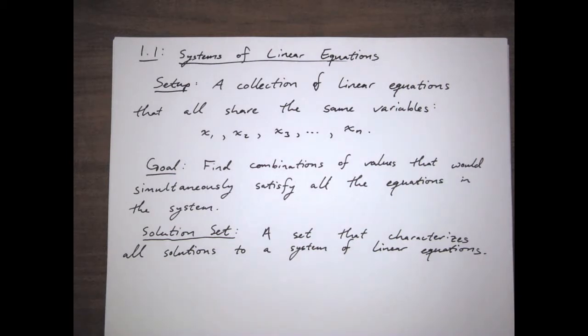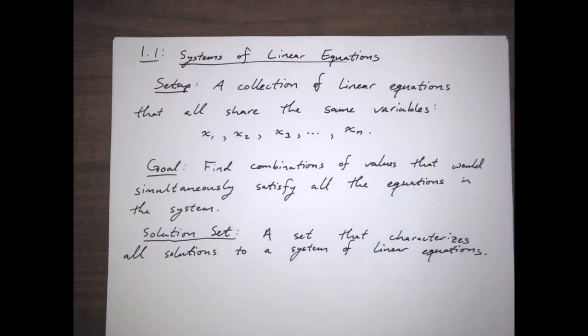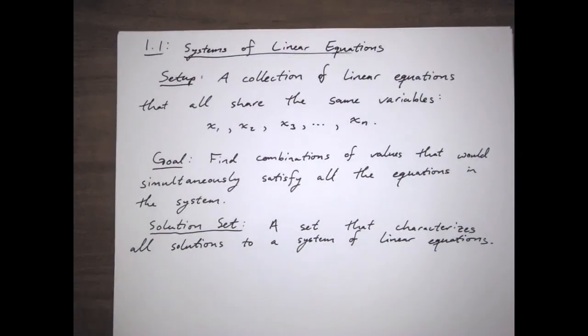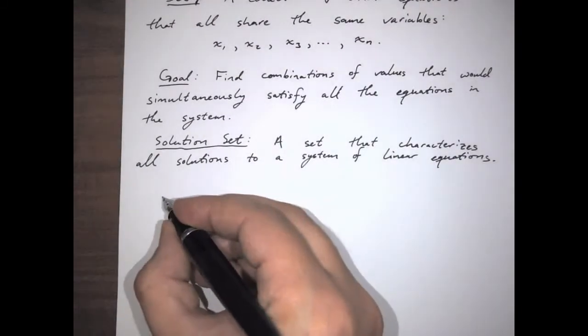Okay, so this is the Holy Grail, this is what we are after, this is what it's all about. So now, let's consider the possibilities for what can happen in our systems of equations as far as their solution sets. There are three possibilities.